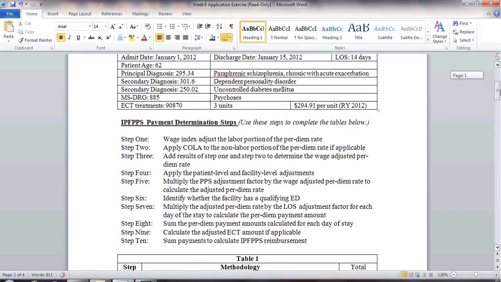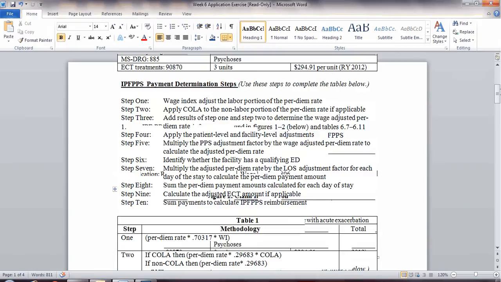So in the first portion of the application exercise, there are 10 steps that we need to take. And if you would like more instruction or further clarification for these 10 steps, you can find them outlined on page 150 of the text as well.